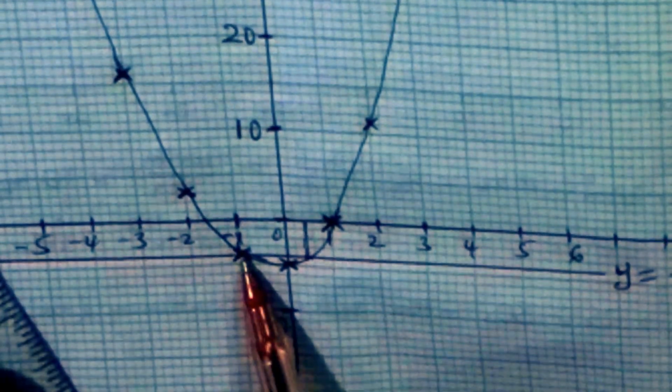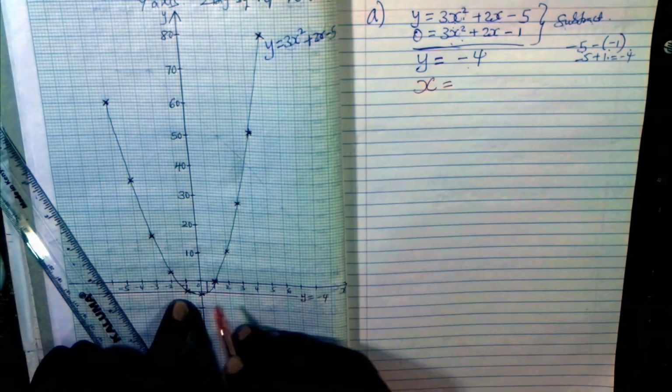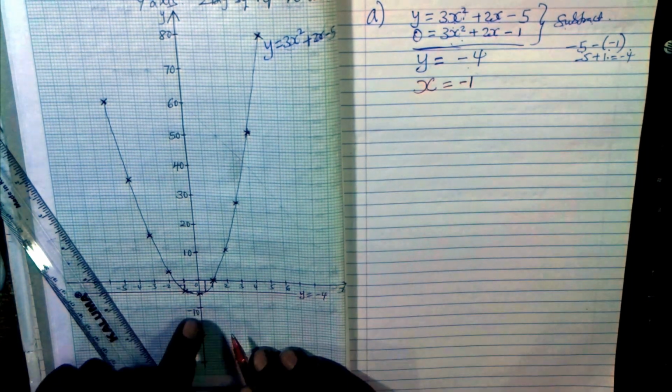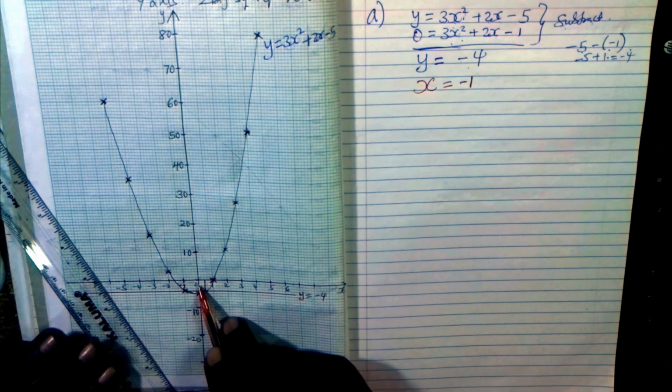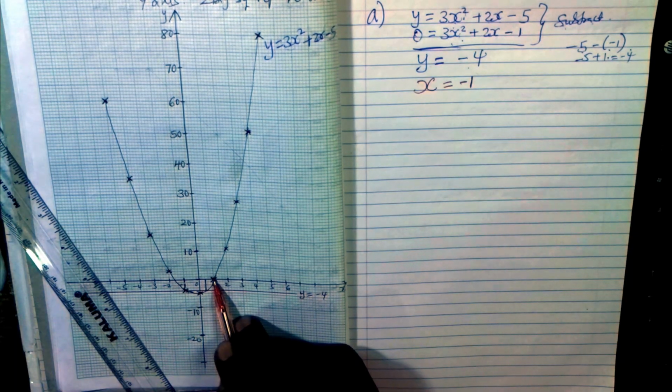So at this point here, x is minus 1 where it cut the curve. The other point here, so from 0 to 1 there are 5 small boxes and it is 1. So 1 divided by 5.